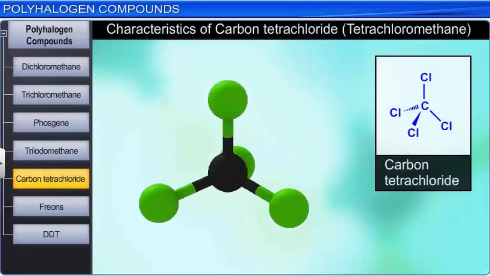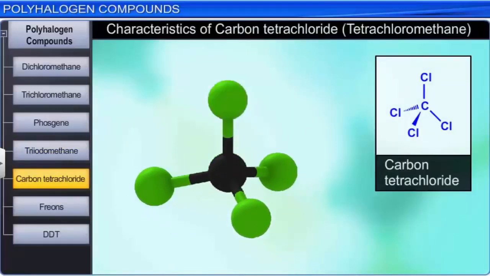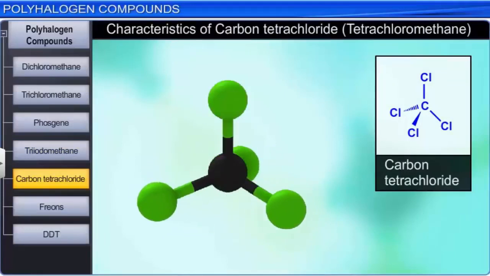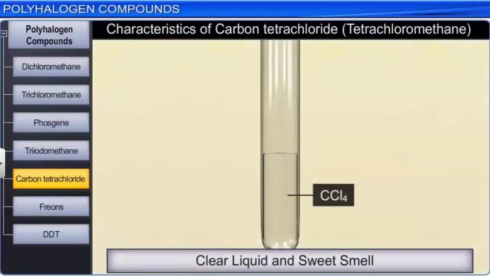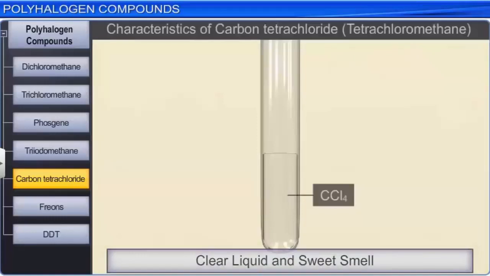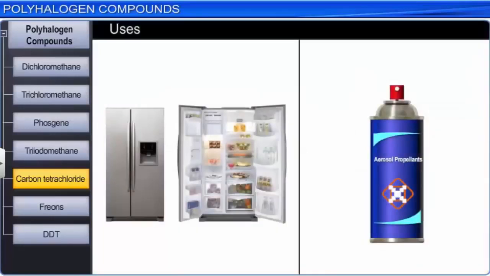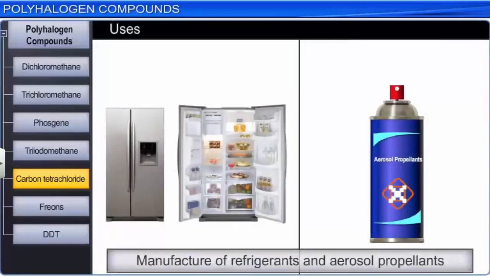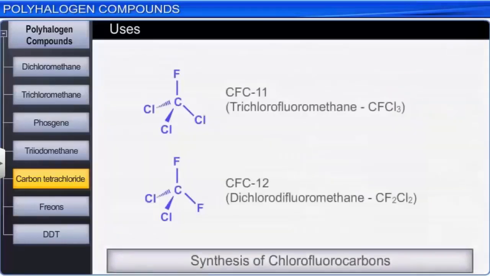Carbon tetrachloride or tetrachloromethane is a clear liquid with a sweet smell. Carbon tetrachloride has a variety of uses, including in the manufacture of refrigerants and aerosol propellants. It is used in the synthesis of chlorofluorocarbons. It is widely used as a solvent.